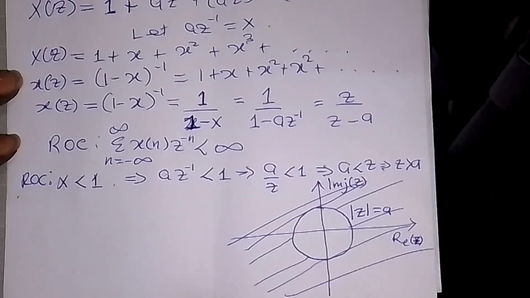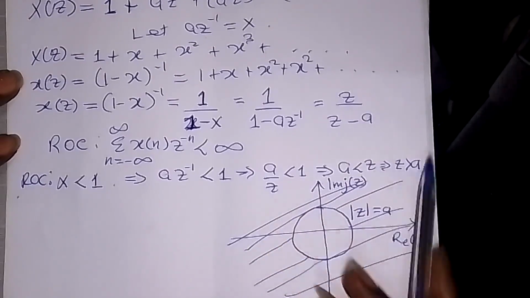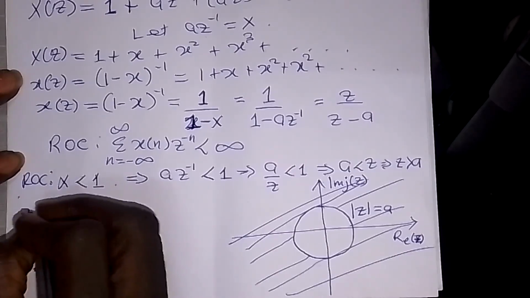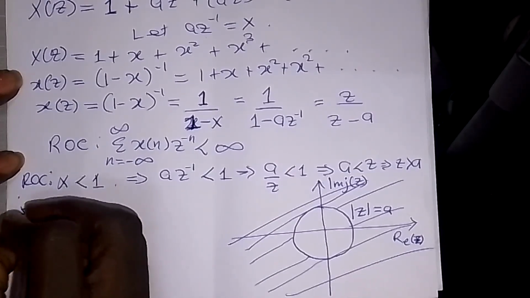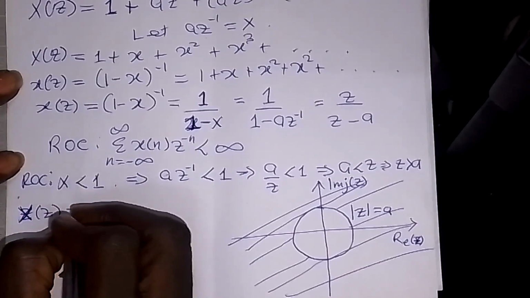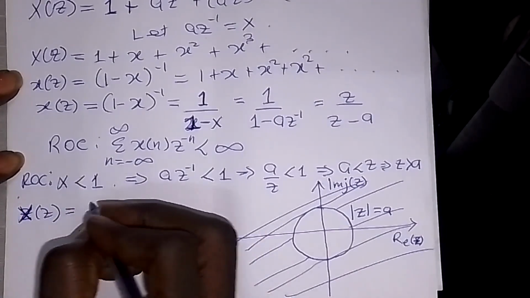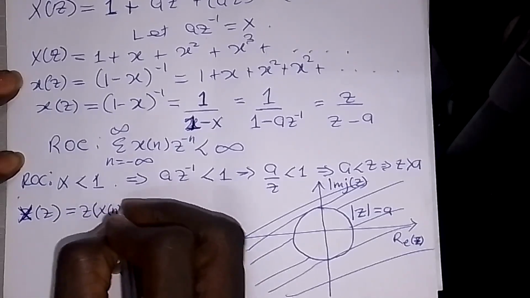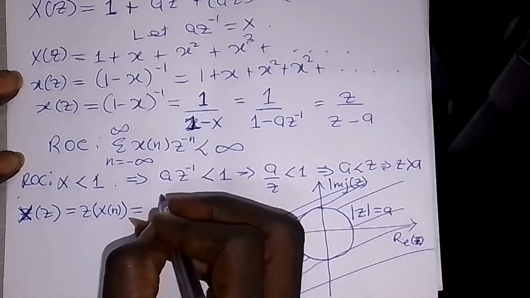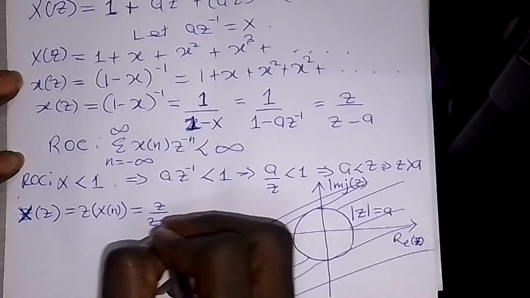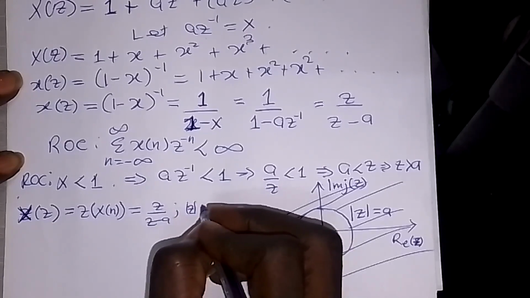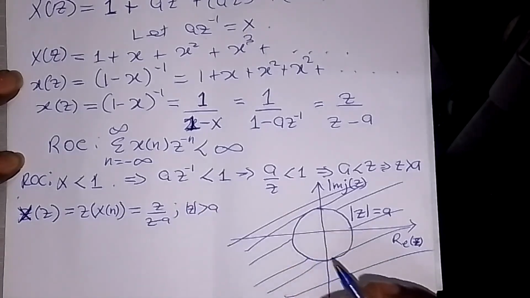Now I'm done, because I have my Z transform and I have my ROC. So I can just write that the Z transform X of z, which is equal to Z of x of n, is equal to z over z minus a, and the ROC is mod z greater than a.